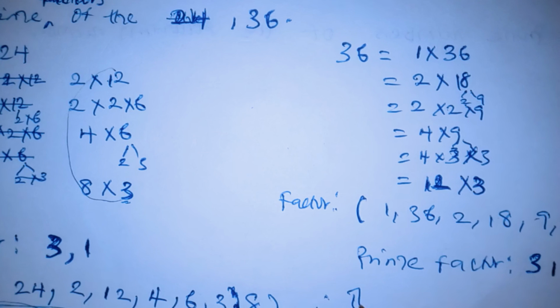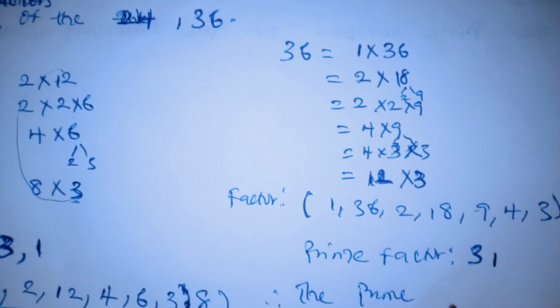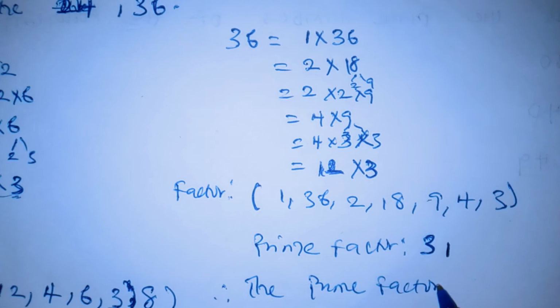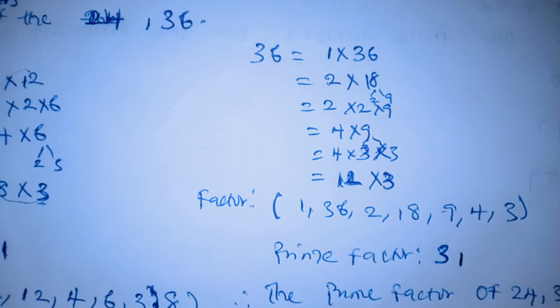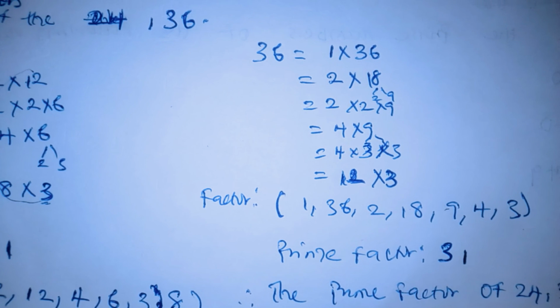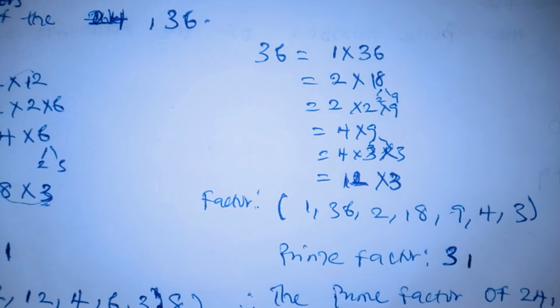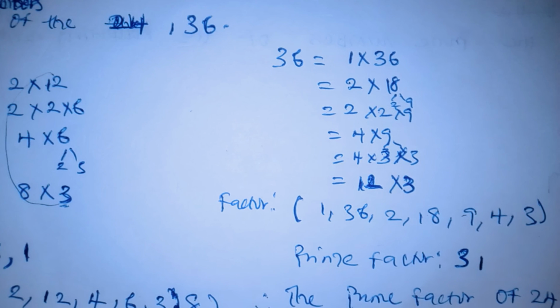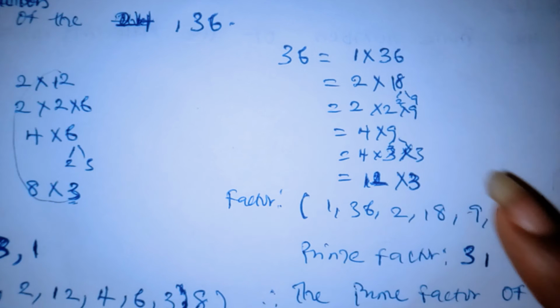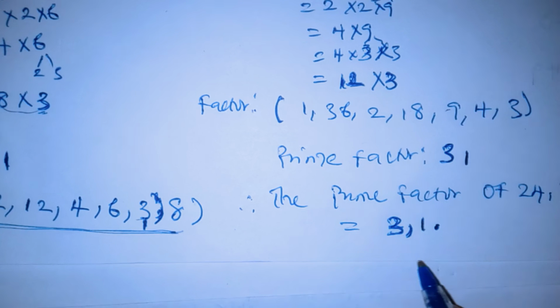Therefore, the prime factor of 24 and 36 is 2. No, 3 and 1. Oh, come on. I'm very sorry, but the main logic is gotten. The whole matter is 3 and 1.